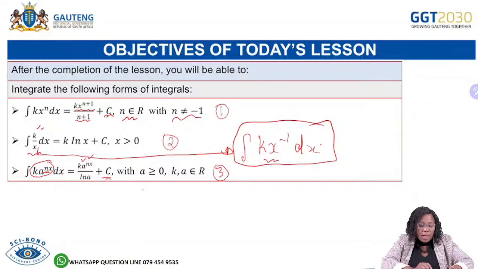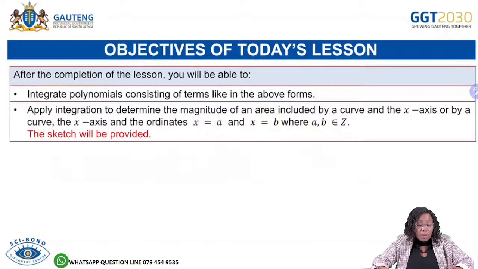And a must always be greater than 0, meaning it must be positive. And k and a must always be elements of real numbers. You must also be able to integrate polynomials consisting of terms like in the above forms.